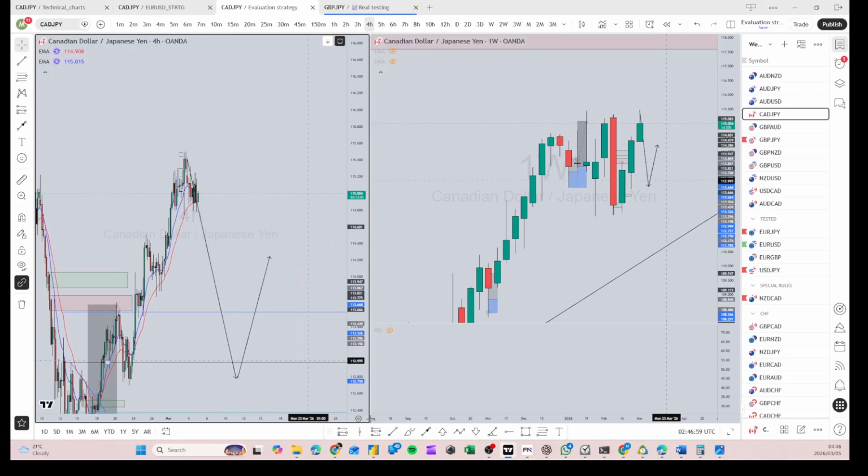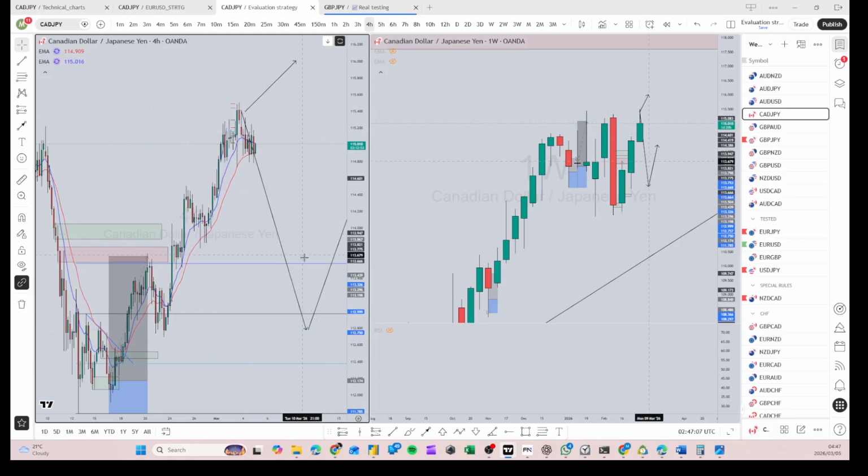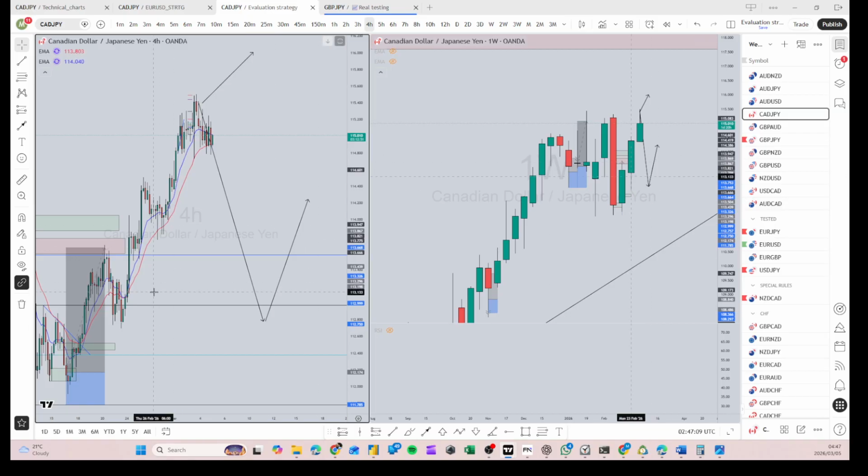But for now we are currently here, and guys, anything could happen. The market could continue to the upside, but my anticipation is that when we get a move to the downside, I'm going to long the CAD, I'm going to buy, so I'm going to sell the yen. Those are pretty much my trades.